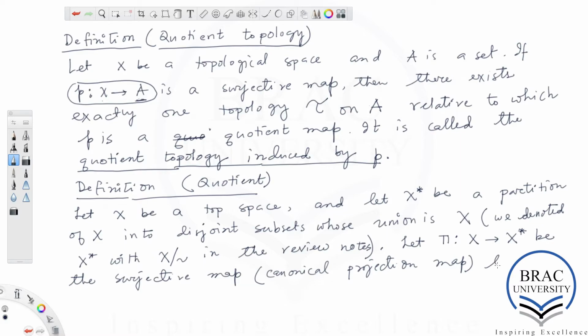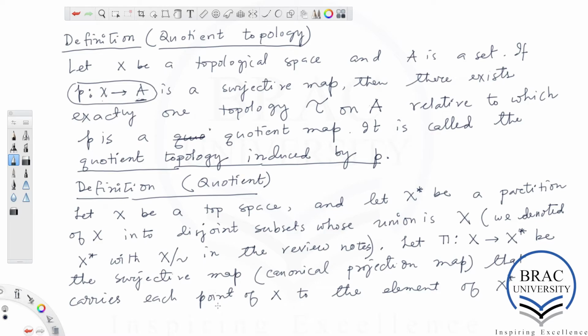This map pi carries each point of X to the element of X star containing that point, and an element of X star is nothing but a subset of X. Remember that the elements of X star are disjoint subsets of X. So if we pick a point from X, it is contained in exactly one element of X star, since the elements of X star are all disjoint with each other.